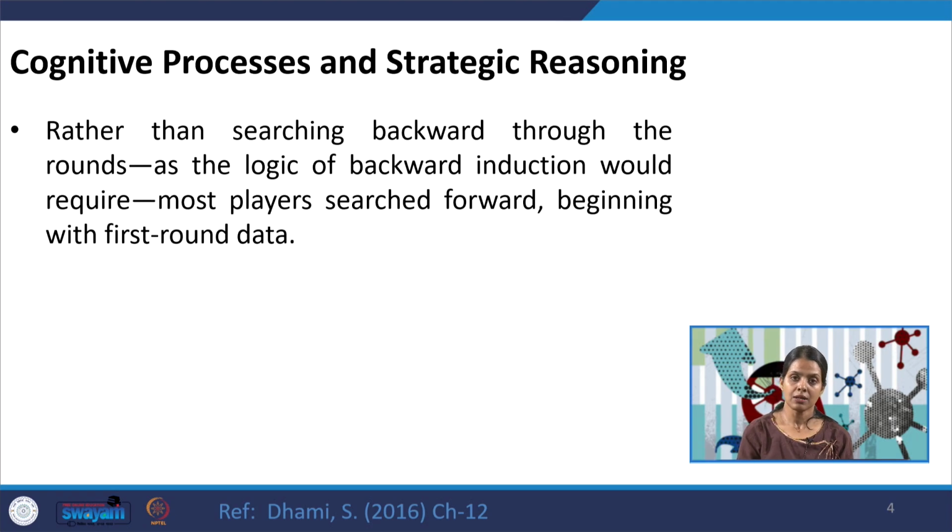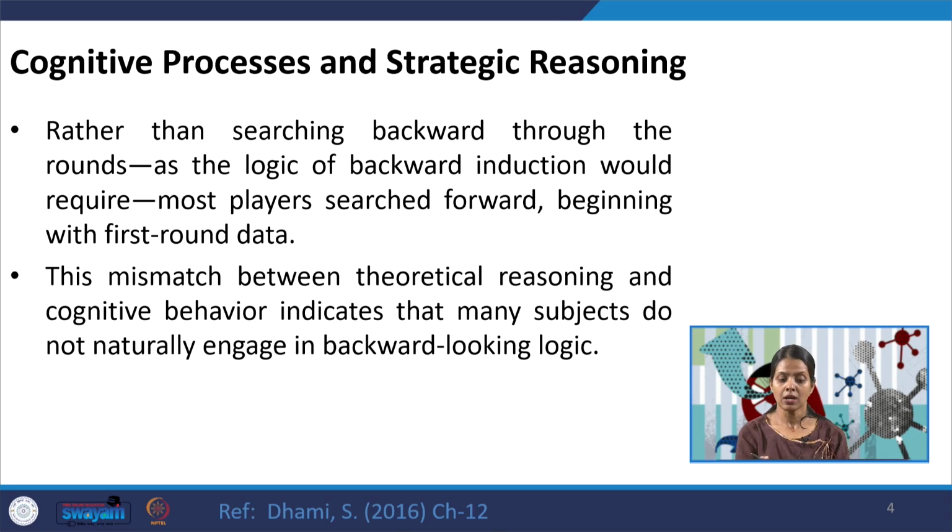Rather than searching backward through the rounds as the logic of backward induction would require, most players searched forward beginning with first round data. As we also discussed in the previous module, forward induction is sometimes played, or several times played, by the players.